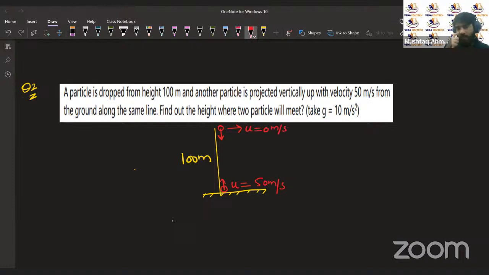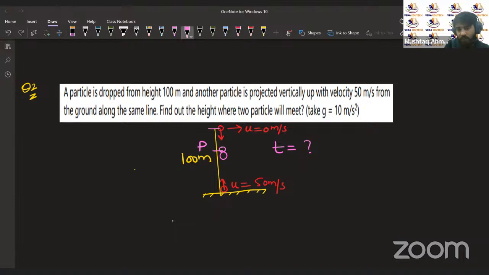After some time, these two balls are going to collide with each other. Let's suppose that at some point P, they collide after time t. This ball is coming down from a height of 100 meters.